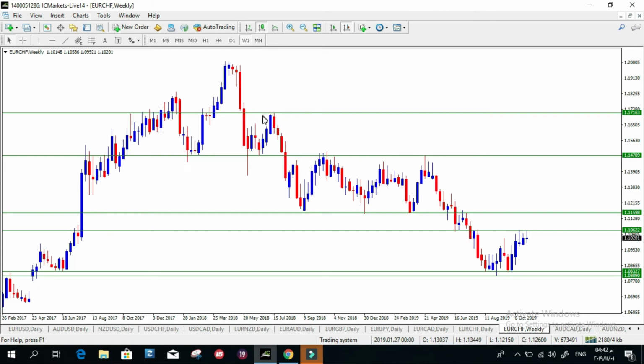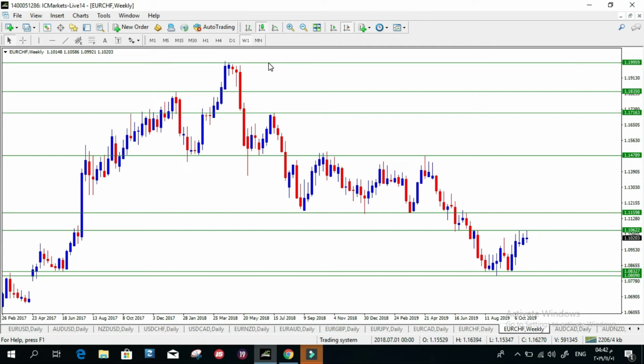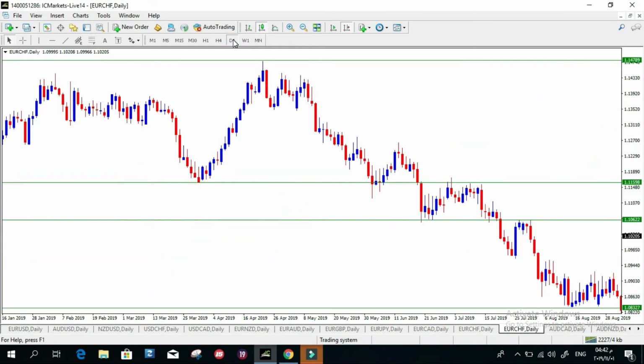And then we have that major swing high. And that swing. And that swing high. Now we can go lower to the daily time frame, and if we need to tweak our lines a little bit or not.